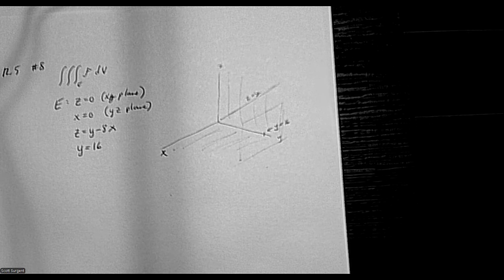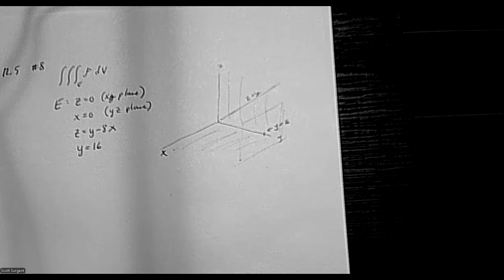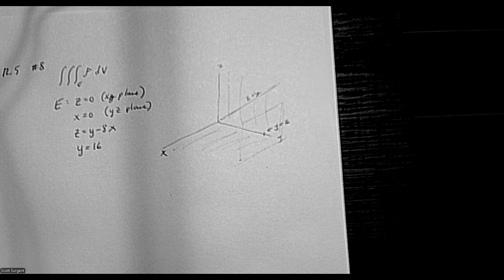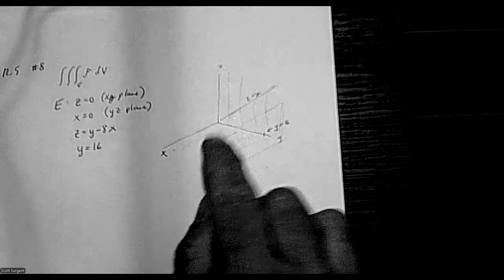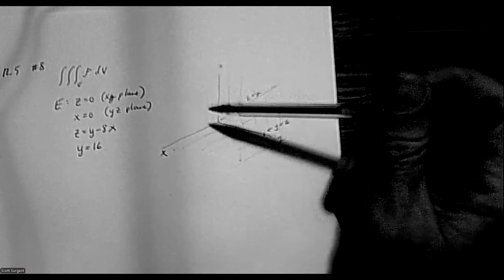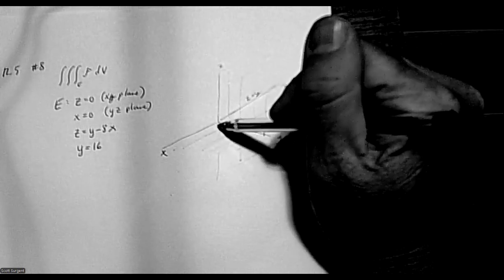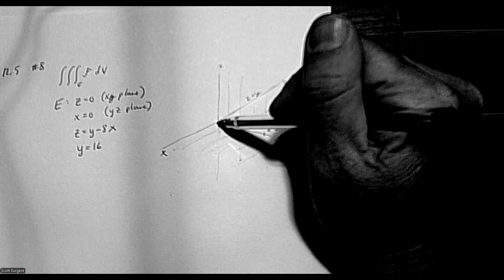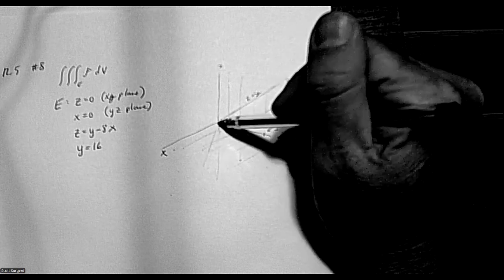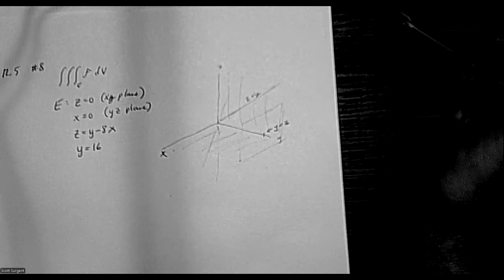So z equals y is going to be that line up there. z equals negative 8x is going to be a line that, the way I'm looking at it, is going to be below down here. I don't like that. So what the heck does that look like up there?